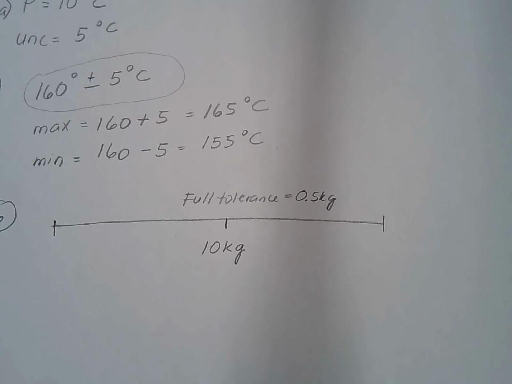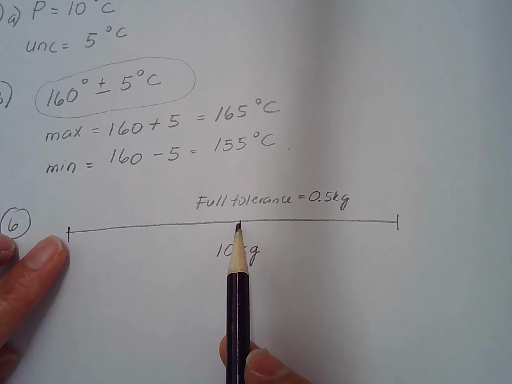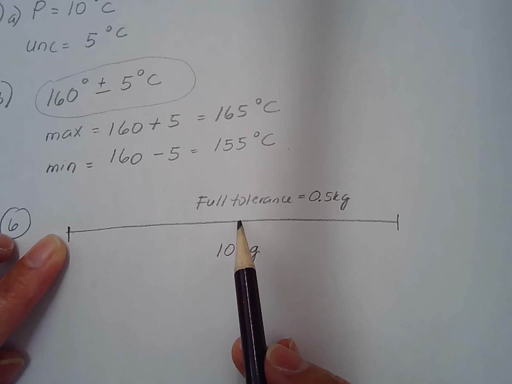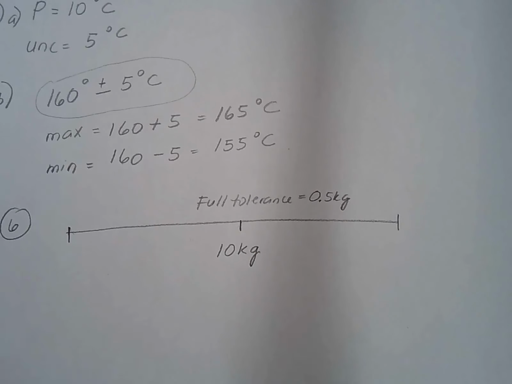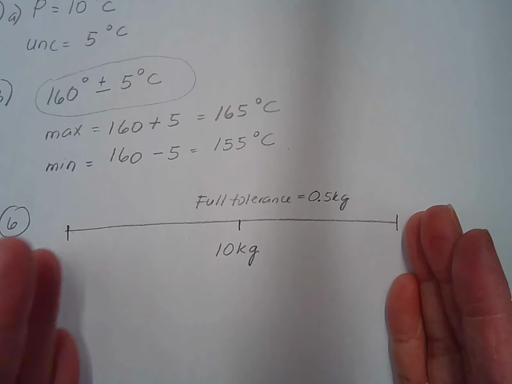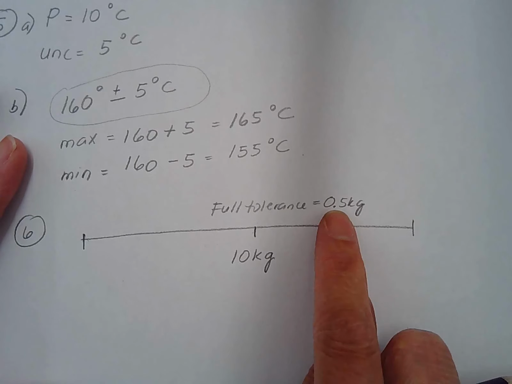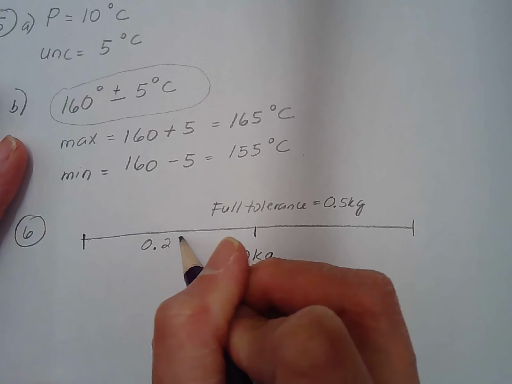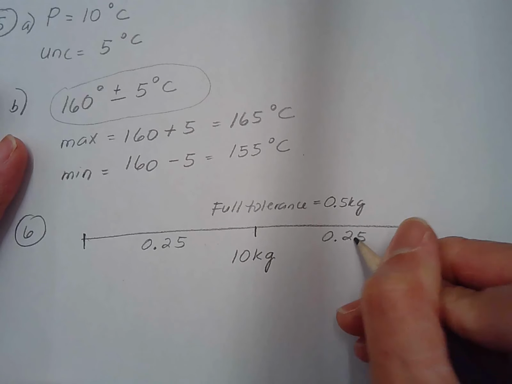So that means we can take half the tolerance to go to the minimum and then half tolerance to go to the maximum. So if the full tolerance, full tolerance means how much is the difference between minimum and maximum, is 0.5, this is going to be 0.25, and then this is 0.25.